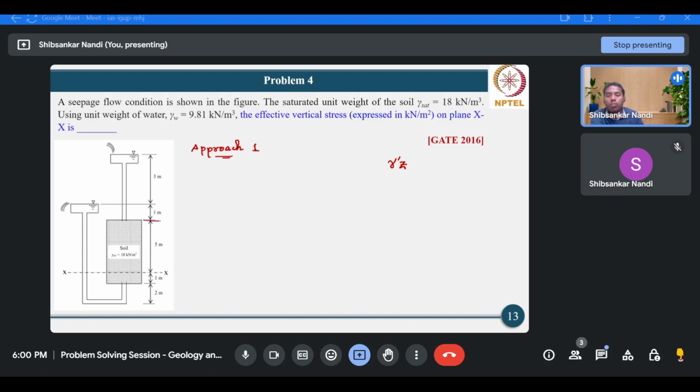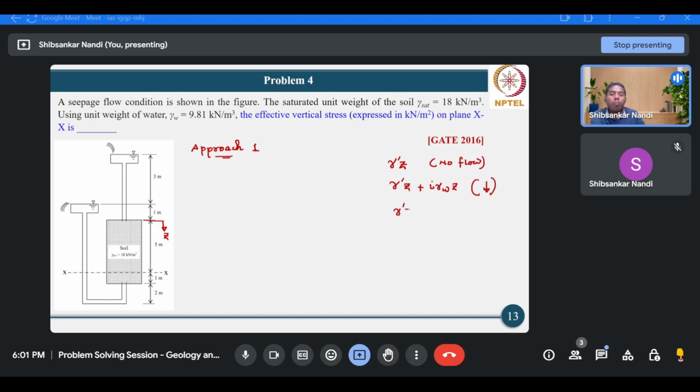Suppose this is the top surface and this is the Z. When the flow is occurring in the downward direction, it will be gamma prime Z plus i gamma w Z. So this is for the downward seepage flow, and this is for no flow.